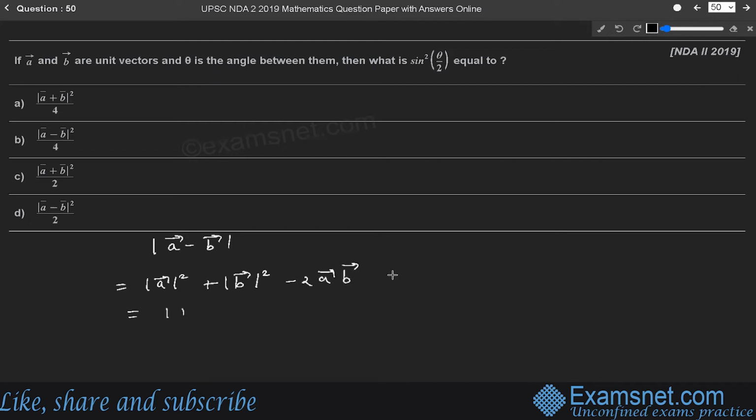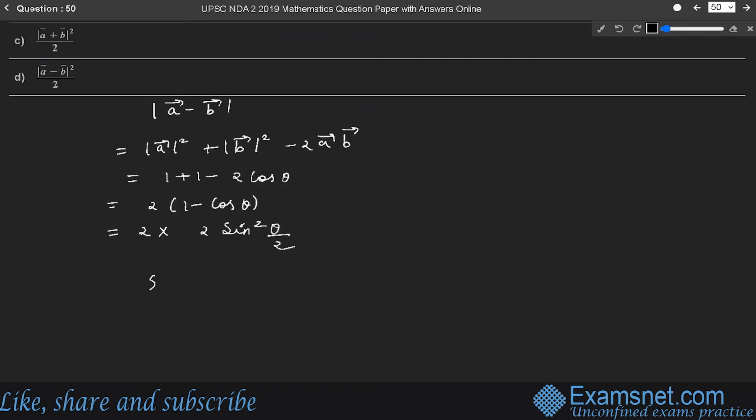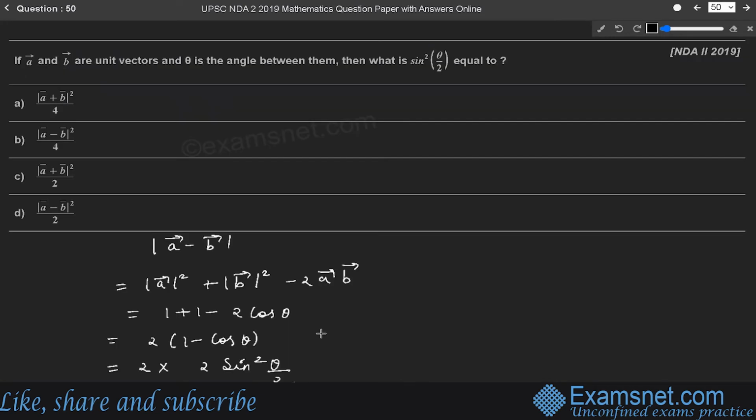So this will be equals to 1 plus 1 minus 2 cos theta. So this will be equals to 2 into 1 minus cos theta. Now 1 minus cos theta can be written as 2 sine square theta by 2. So we can say that sine square theta by 2 will be equals to mod of A minus B whole square divided by 4. Therefore, the correct option for this question is option number B here.